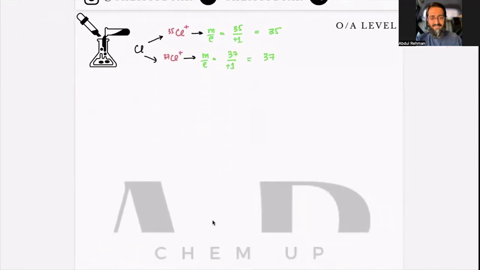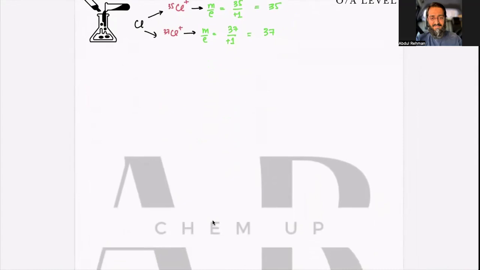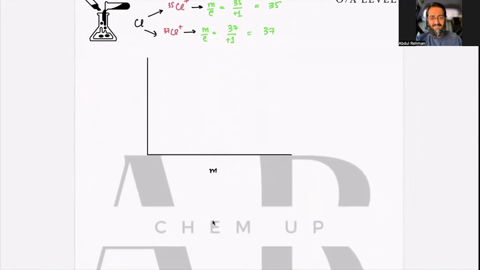So, for example, do you guys remember their percentage abundances? 75 of which one? Of 35. Very good. And the other one has 25. Okay.